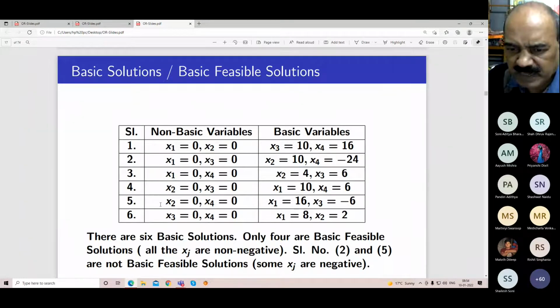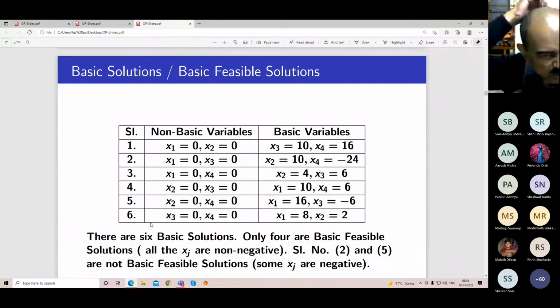This is a basic solution, but it cannot be a basic feasible solution because x3 is minus 6. The last one, x3 = 0, x4 = 0. We are finding x1 equal to 8, x2 equal to 2. The sixth one is a basic solution, and also a basic feasible solution.